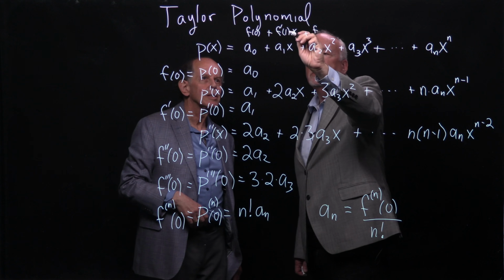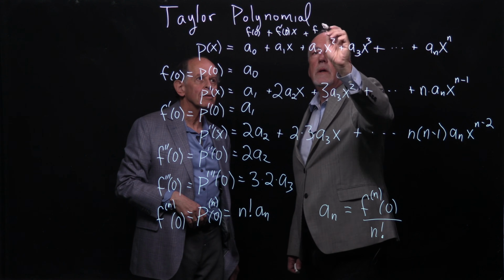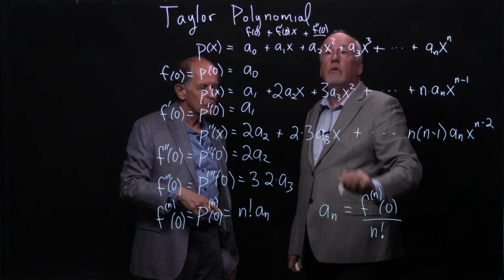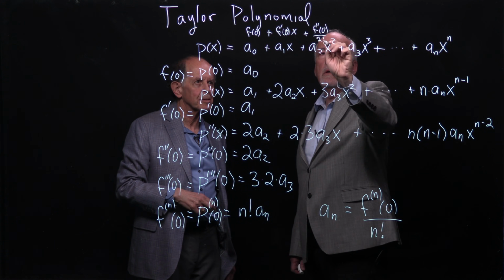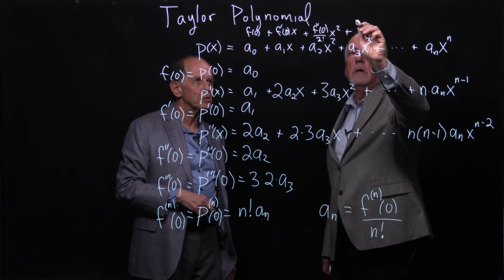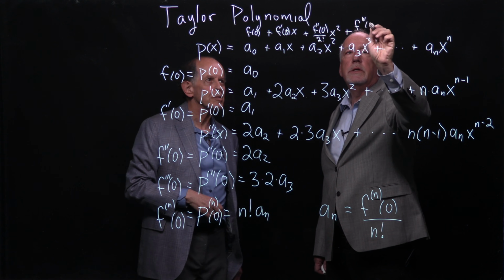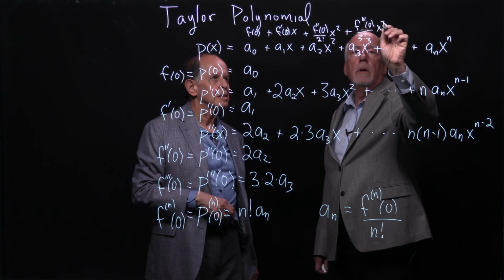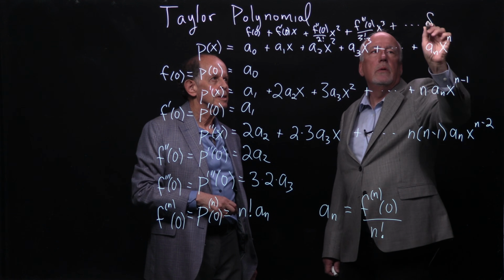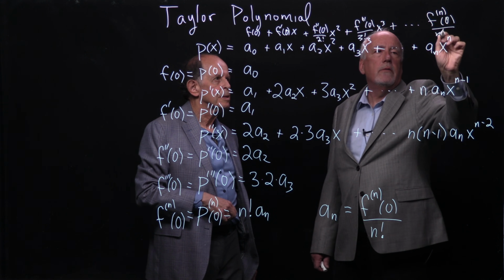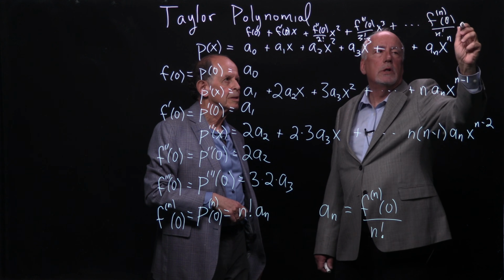And now, f double prime at 0 divided by 2 factorial, which is, yeah, 2 factorial, times x squared, plus f triple prime at 0, and that's x cubed over 3 factorial, and all the way up to the nth derivative at 0 divided by n factorial, that's my an, multiplied by x^n.